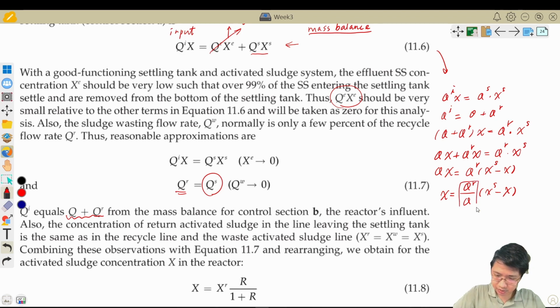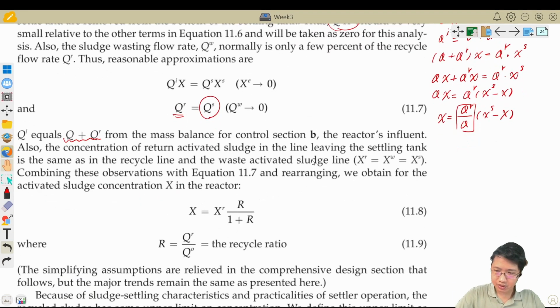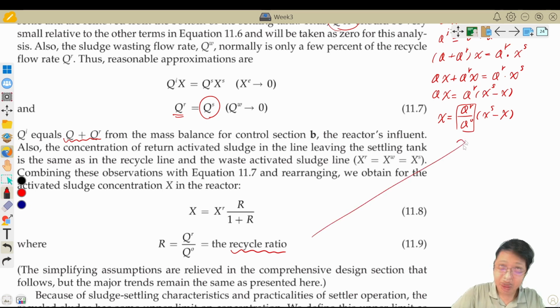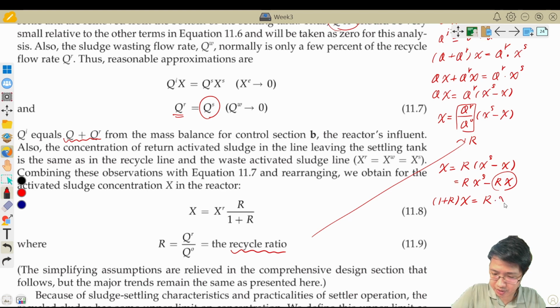Here, QR divided by Q0 is the recycle ratio, so we can replace this with R. So we got X equals R times (XS minus X), which is R XS minus R X. We can move these terms to the left-hand side, so we got (1 plus R) X equals R times XS.